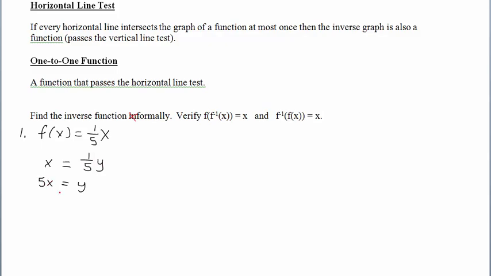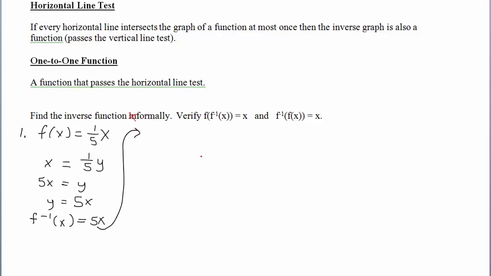So the inverse is 5x. I'm going to trade sides, put the y on the left. Well, I don't want to call this y and then that equation also y, so we use the notation where this y is for the inverse, f to the negative 1. So we found the inverse function. We switched the x and y, we solved for the new y, and we got the inverse function.